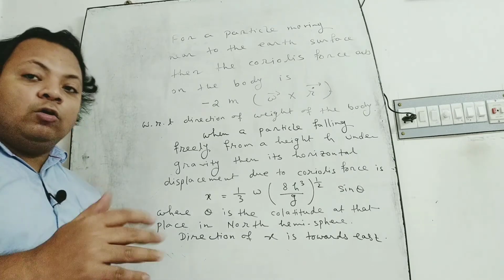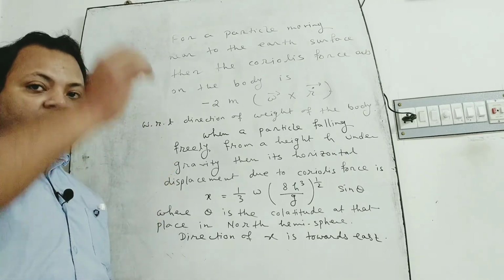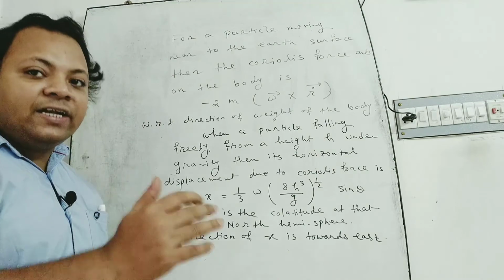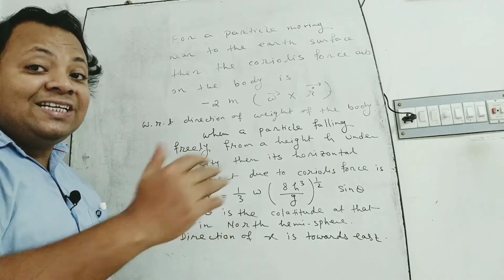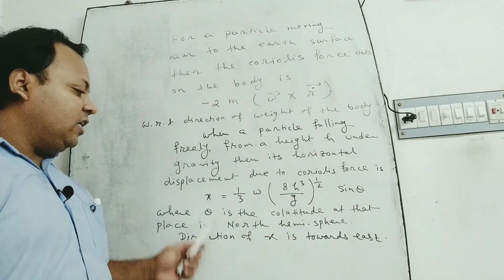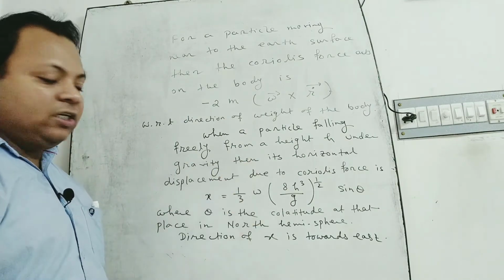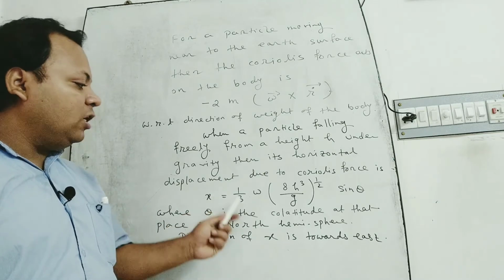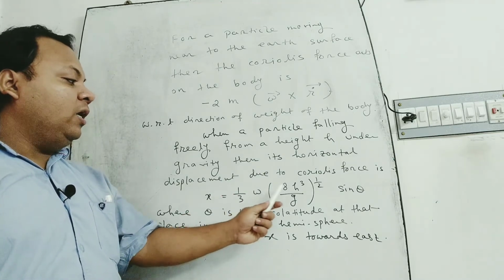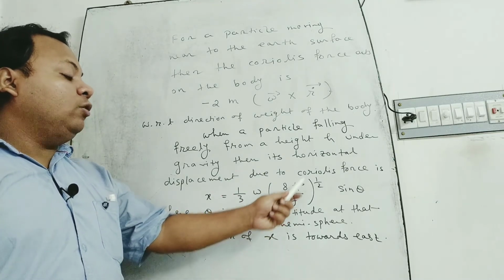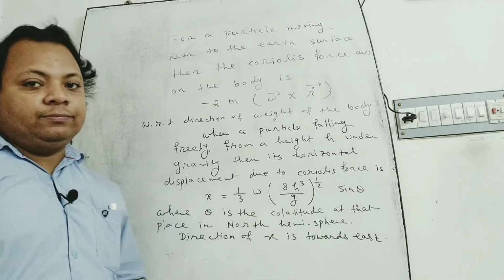That is, in the northern hemisphere, the freely falling body is displaced slightly towards the east. That is, the displacement of the freely falling body towards the east is x equal to 1 by 3 omega into 8 h cube by g whole to the power half sine theta.